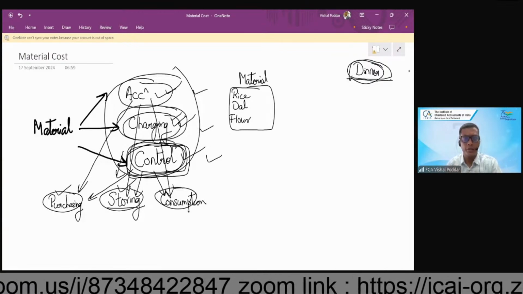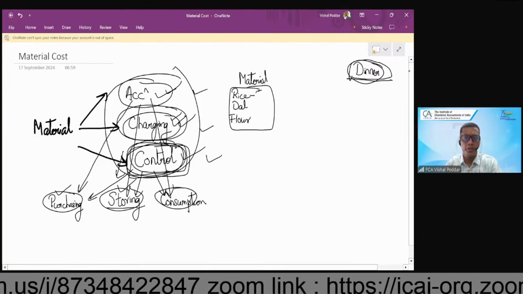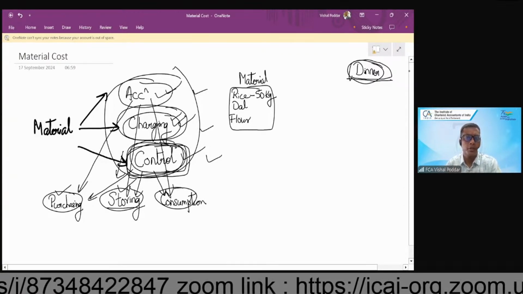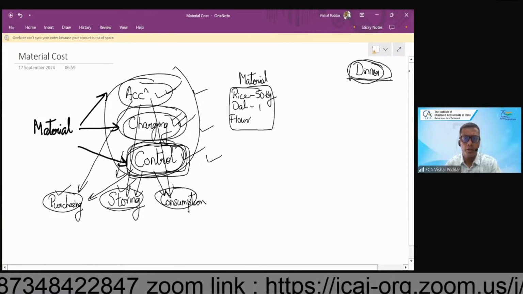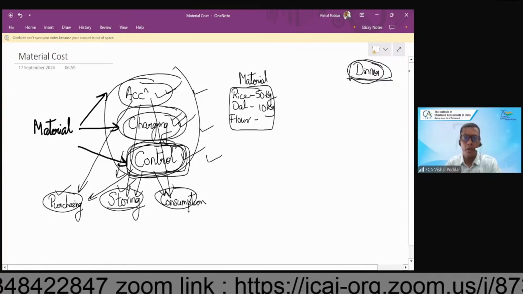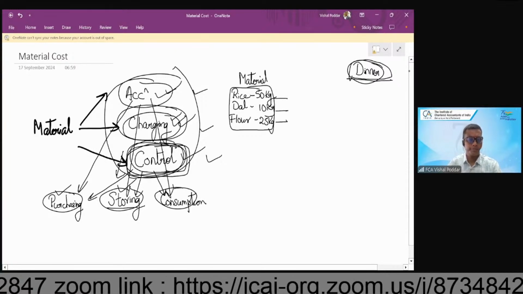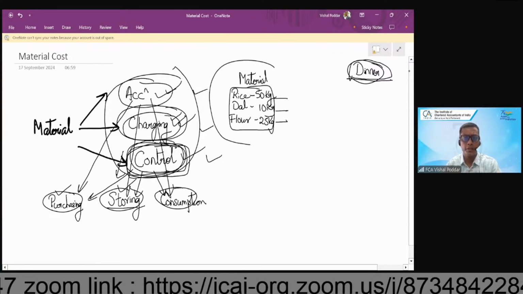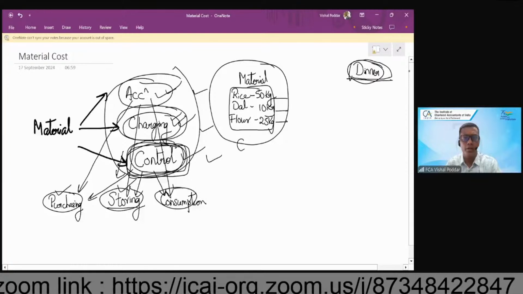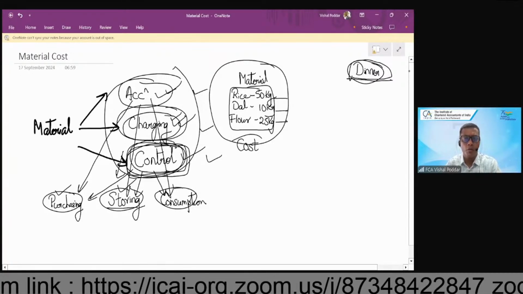Now, just pay attention. When I purchase the material, I purchase this in the quantity of 50 kgs, this in the quantity of 10 kgs, and this in the quantity of 25 kgs at some price. This is what I have purchased, and I have incurred some expense on that while purchasing.